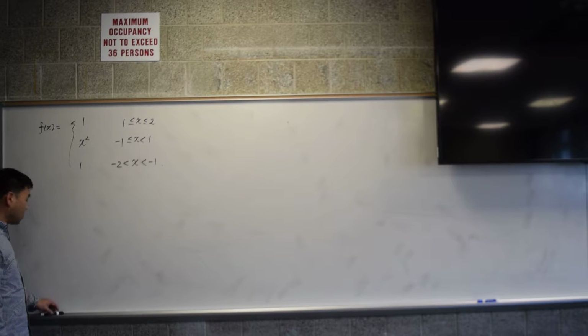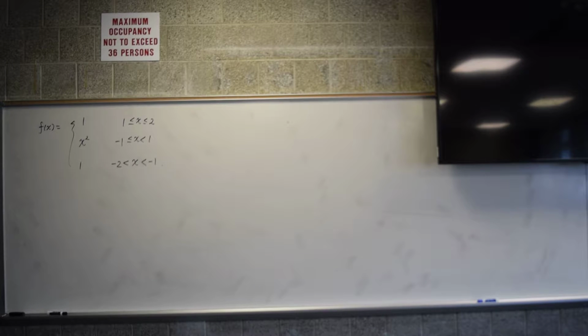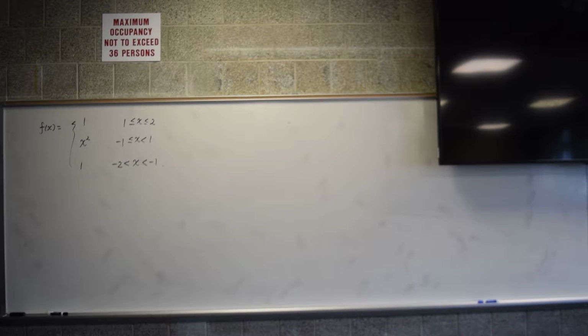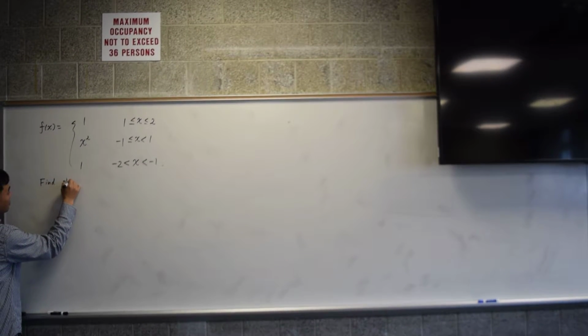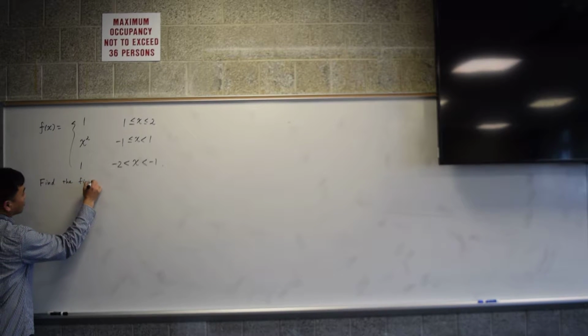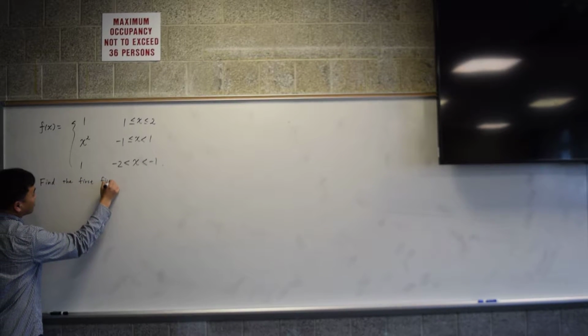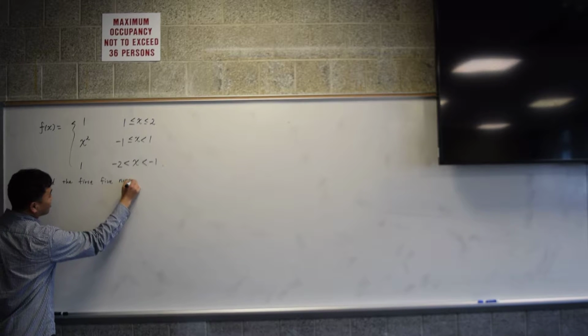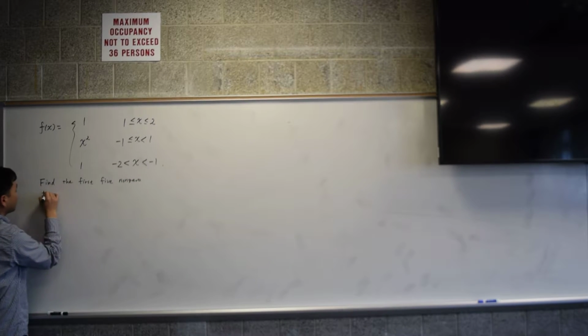Now, if you calculate the Fourier series of this, it's rather very complicated. So actually, instead of asking you to find the Fourier series of the entire thing, I'll just ask, find the first 5 non-zero terms of the Fourier series.